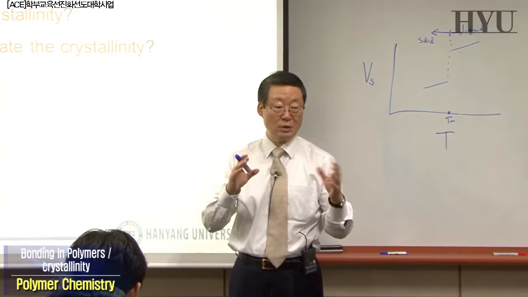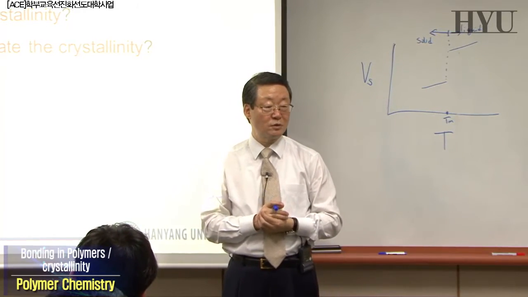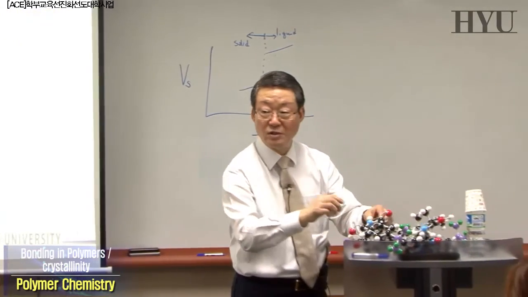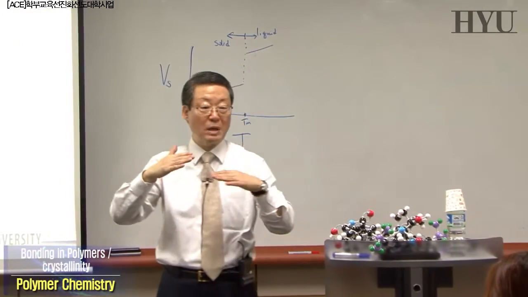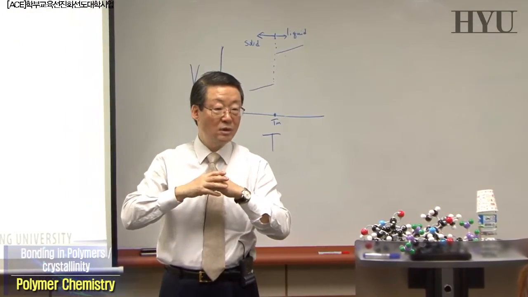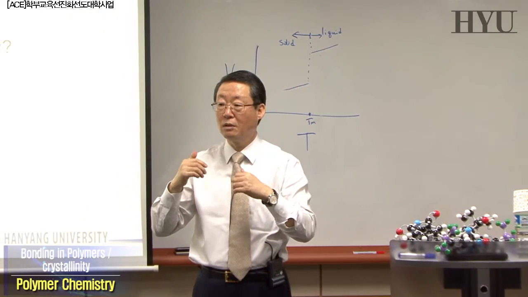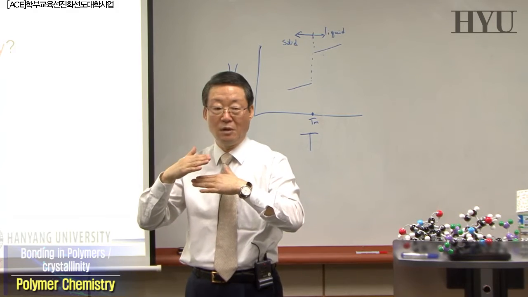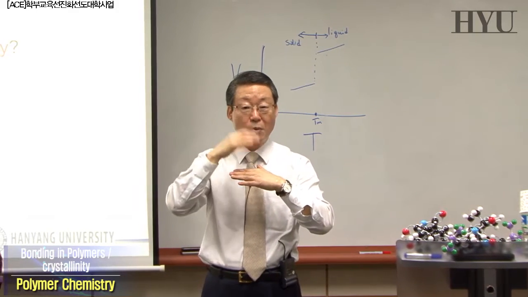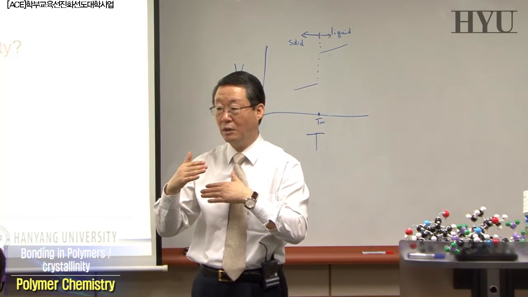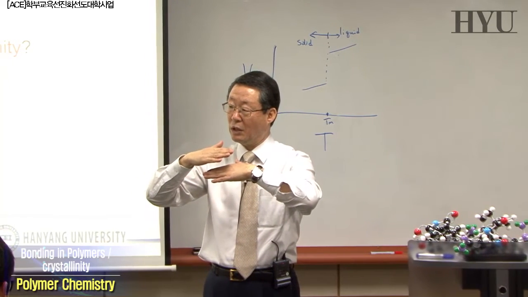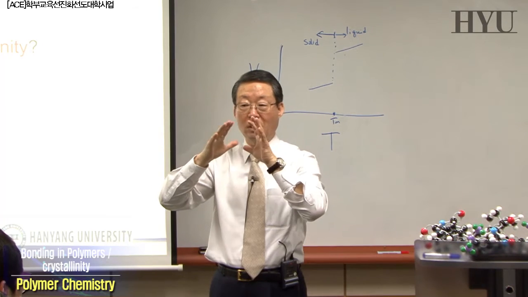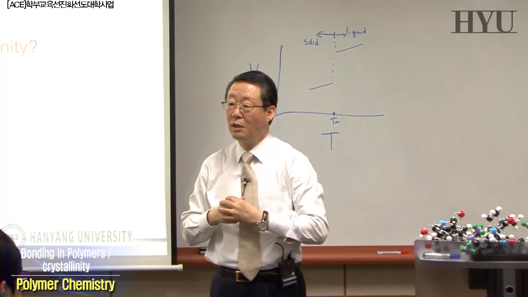Organic materials, because we are talking about organic materials, are sometimes flexible and sometimes quite rigid, depending upon your bonding forces. If you have secondary bonding forces such as hydrogen bonding, your material will interact with each other, and therefore you have a larger density.